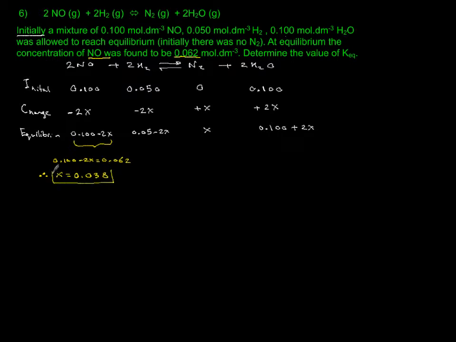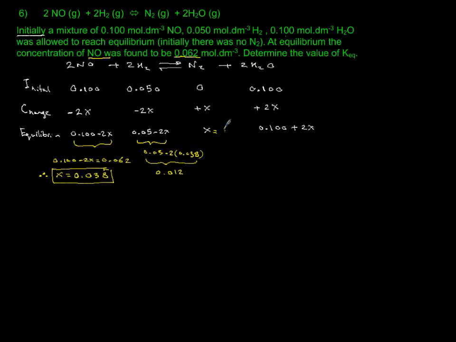That's my x. Then I can also work out this one: 0.05 minus 2 times 0.038, and when you work it out, at equilibrium this becomes 0.012.